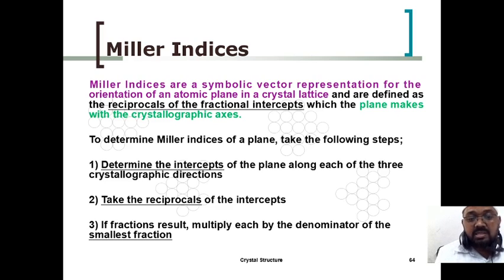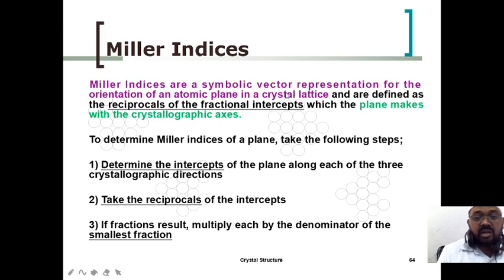They are the smallest possible integers having the same ratio as their reciprocals of the concerned axes.